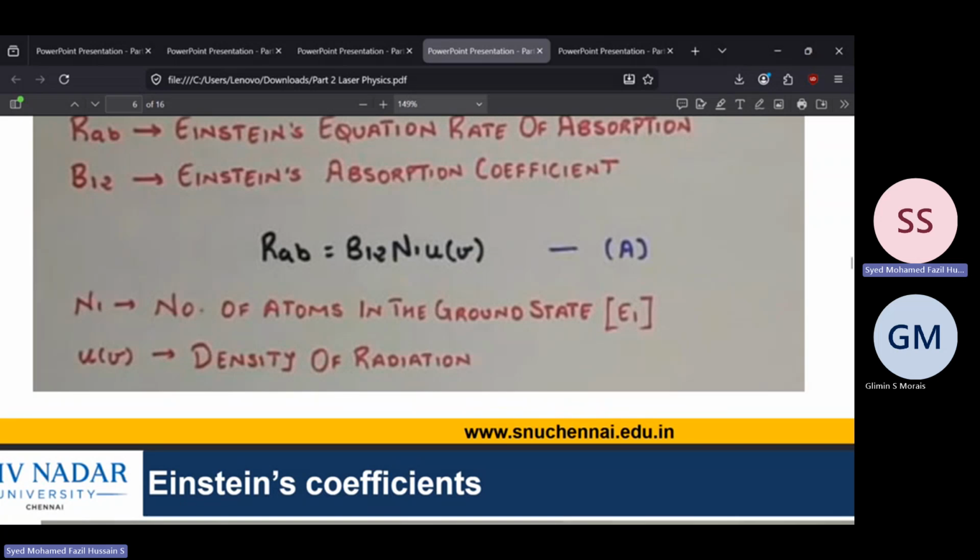So the rate of absorption is the coefficient B12 into the number of electrons into the density of radiation.